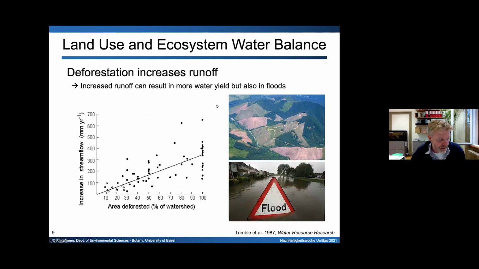You can also tell the flip side of the story with deforesting. So this is an example from the Pacific Northwest of North America. Natural vegetation there are large and extensive coniferous forests, very valuable timber.